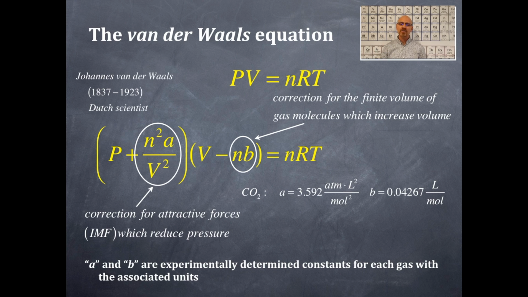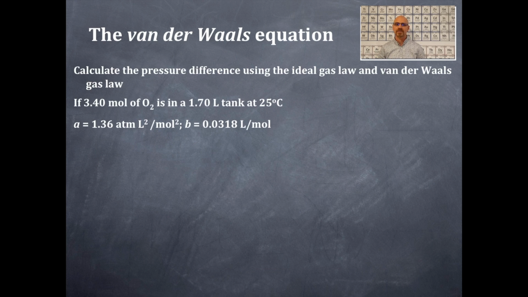All right, let's see how this is applied, and we're going to do a problem here. We're going to calculate the pressure difference using the ideal gas law and the van der Waals gas law. If 3.4 moles of oxygen is in a 1.7 liter tank at 25 degrees Celsius, and we have the two constants for oxygen that I looked up in the CRC: 1.36 atmospheres liters squared over mole squared for A, and for B it's 0.0318 liters per mole.